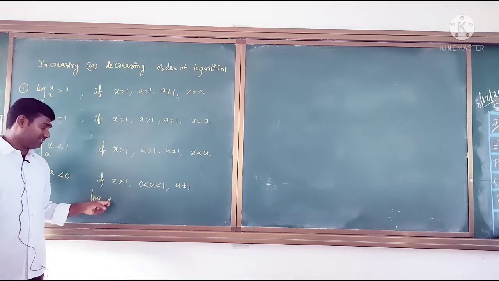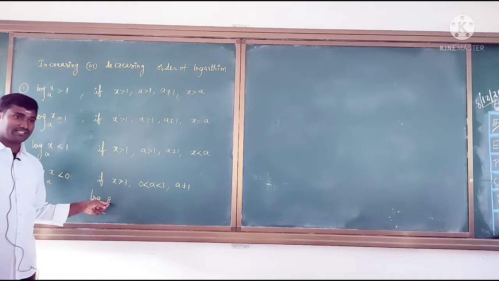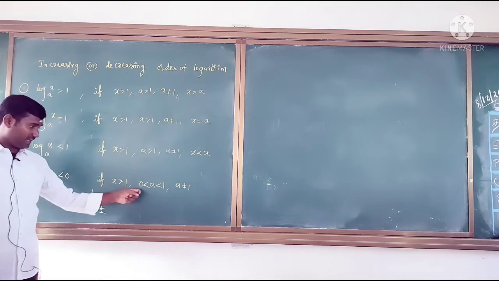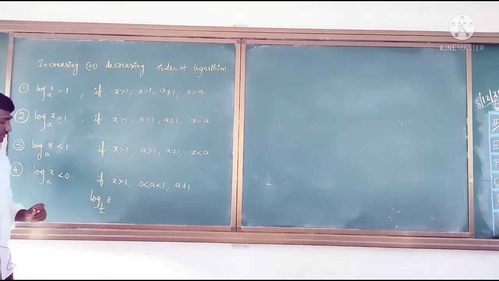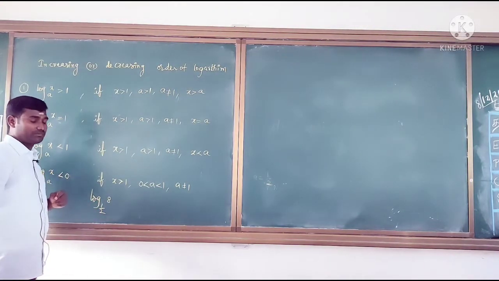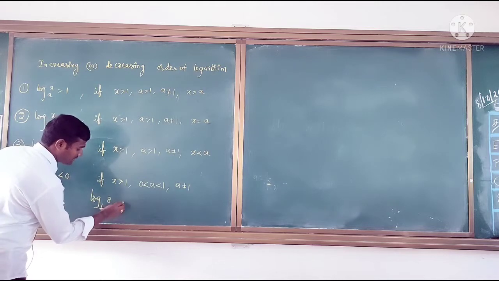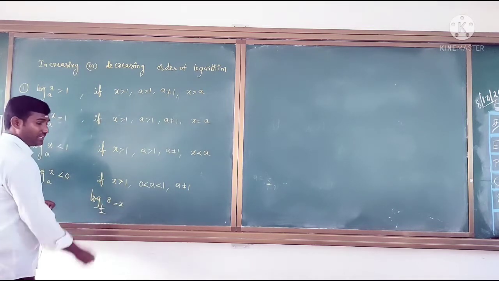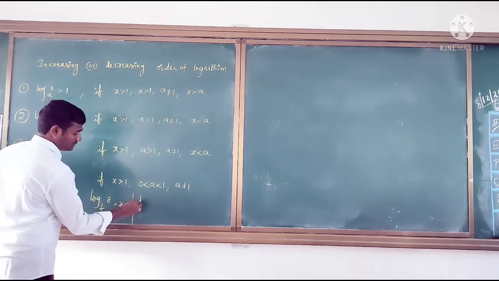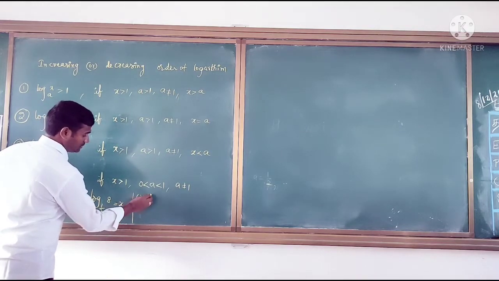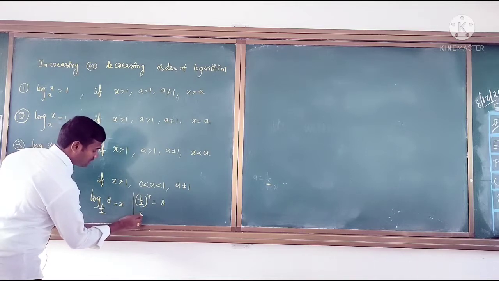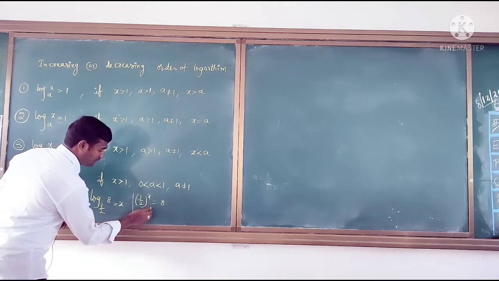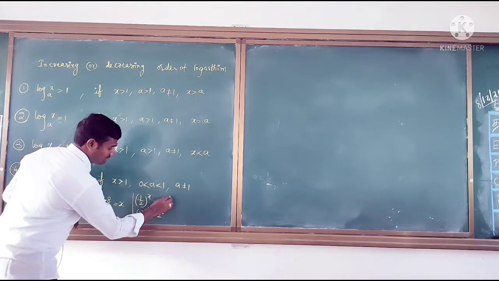X is greater than 1. 8 is greater than 1 only now. And a lies between 0 and 1. So log 8 to the base 1 by 2 equal to x, you can assume. In the exponential form, 1 by 2 power x is equal to 8. 1 by 2 I can write as 2 power minus 1, whole power x is equal to 2 power 3.